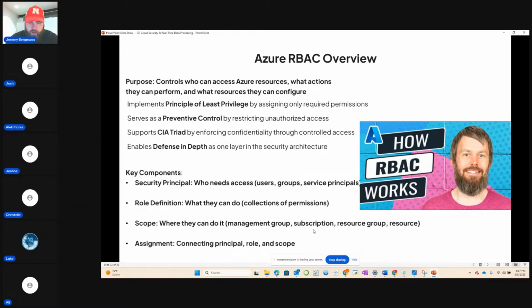Can they do it at the subscription level, the resource group level, the resource level, and so forth? What level do they have that access at? And then their assignment. Are they an administrator? Are they a user, a viewer, or do they have some other type of access? Maybe they're a creator within some type of resource. Those are their roles, their principals, service principals, and their scope.